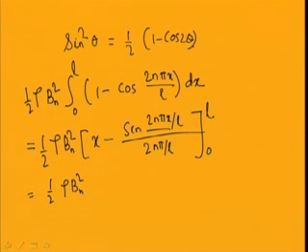So you will have only half rho B n square L, equal to 1. So B n square equals 2 by rho L, or B n equals root over 2 by rho L.